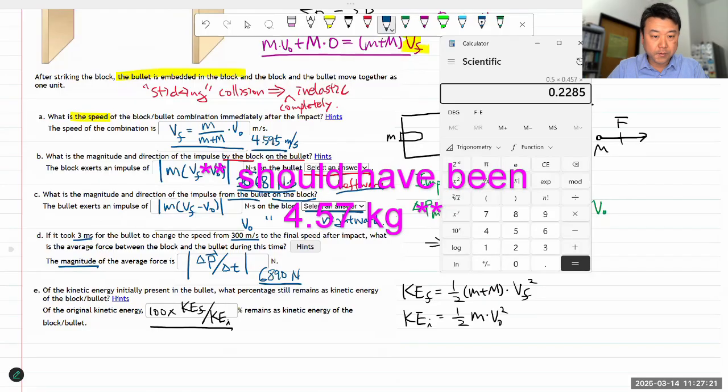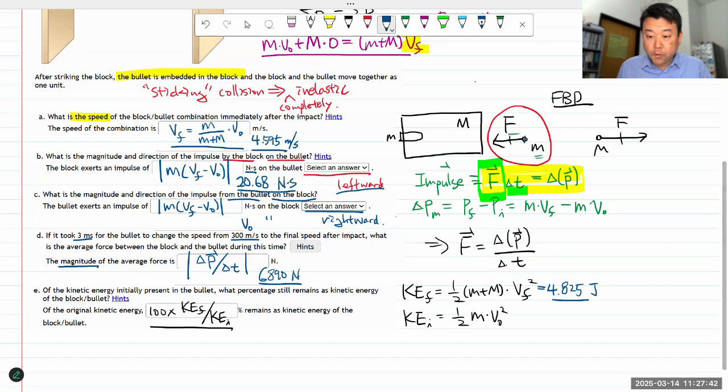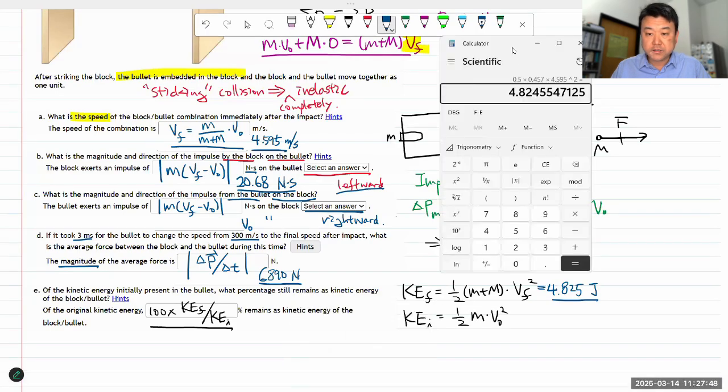I have that here, 4.595. 4.595 squared is equal to, this should be in joules, 4.825 joules. And I'm keeping 4 instead of 3 significant figures again because this is an intermediate number. I want to be extra sure rounding error doesn't affect my final answer.